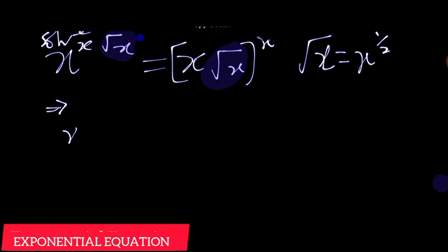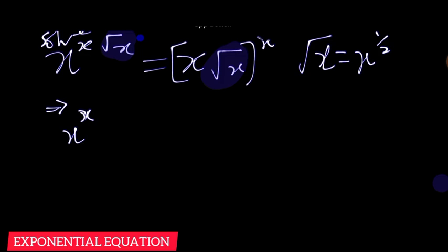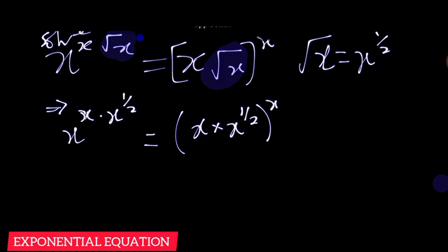We are going to have x multiplied by x to the power 1 over 2 equals x multiplied by x to the power 1 over 2, all to the power x. So now x multiplied by x to the power 1 over 2 is x to the power 3 over 2.